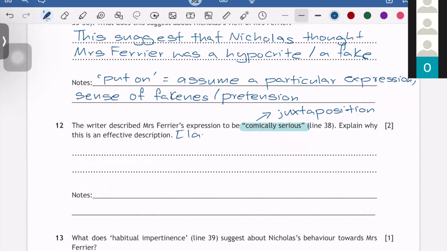So this question is language and impact.